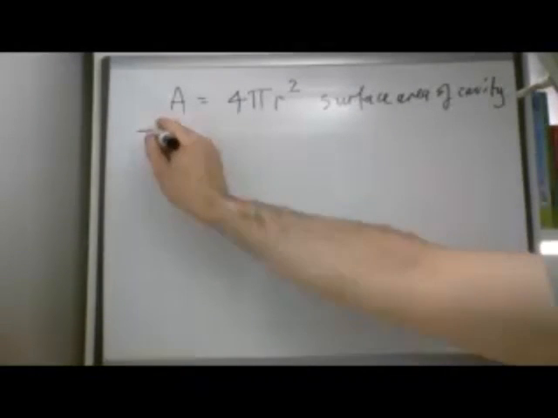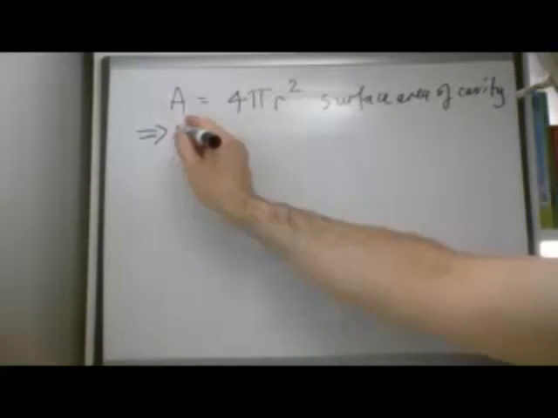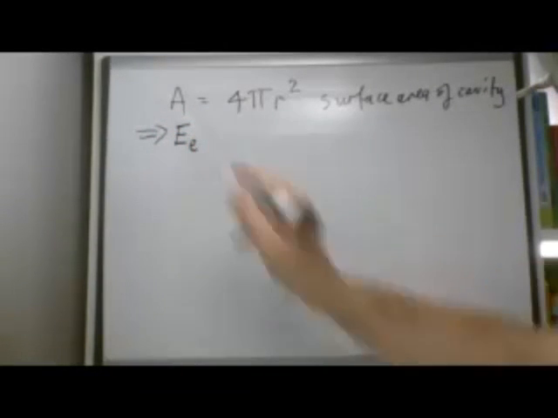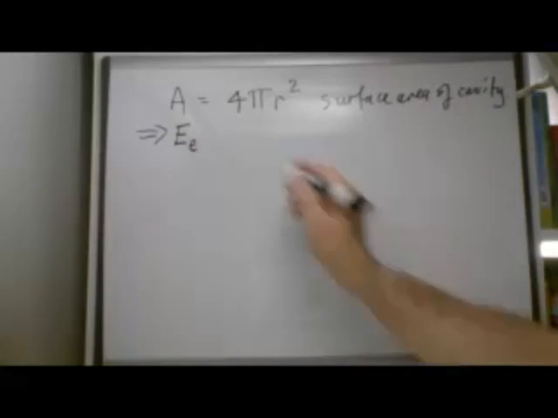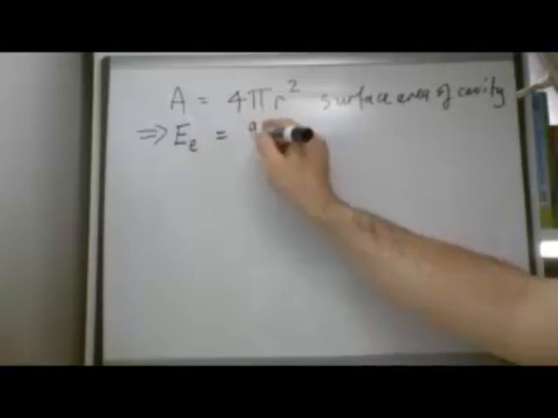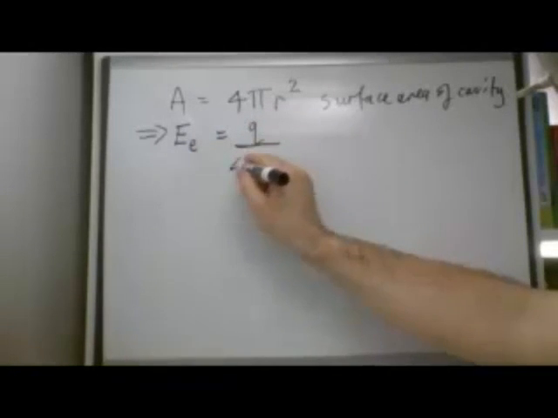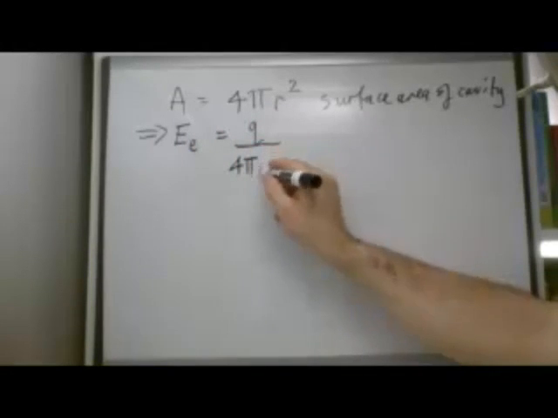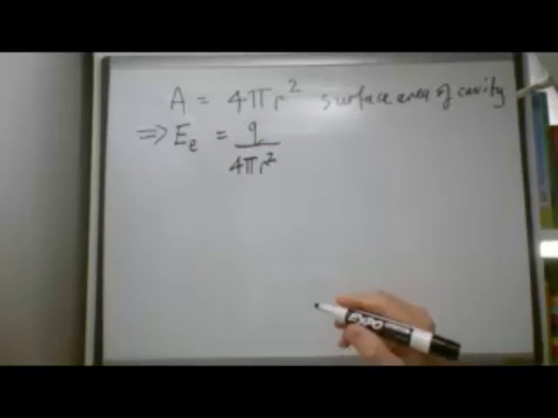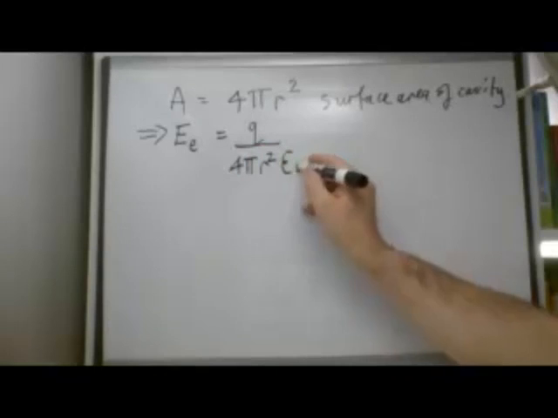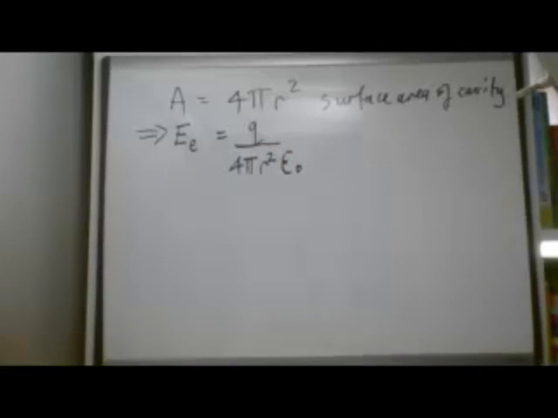So this implies that what we've just seen, the electric field, because of the presence of the electron, equals the charge placed inside the cavity divided by A, but we're saying that A is 4 pi r squared, times by that constant. This constant won't really be important to us. For those that are interested, it's the vacuum permittivity of free space, but we'll just say it's a constant.